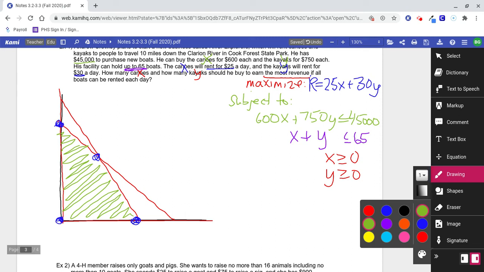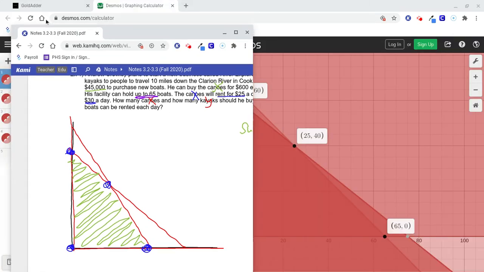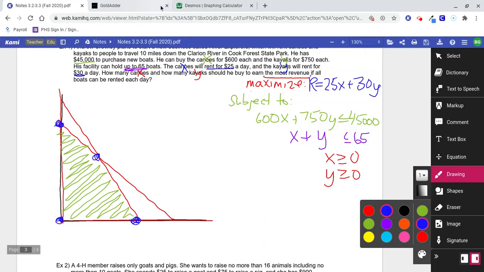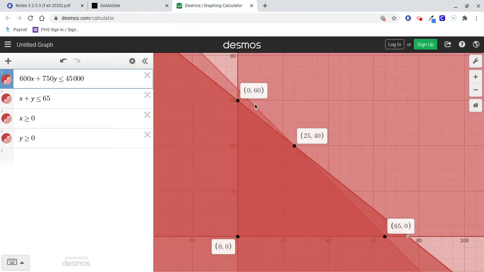We learned yesterday that if there is an optimum value, it has to be at one of the corners. The method of corners tells me that it had to be at those corners. So, hang on a second here. Look at those corners: 0, 60; 25, 40; 65, 0; 0, 0.